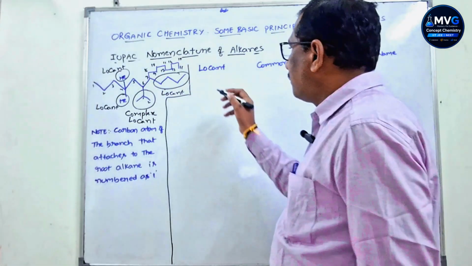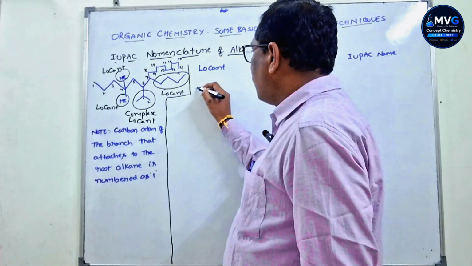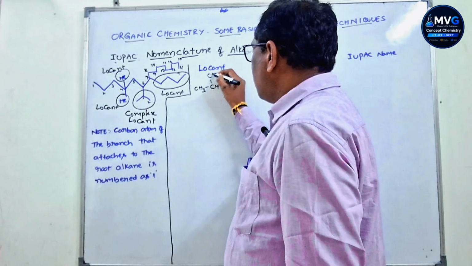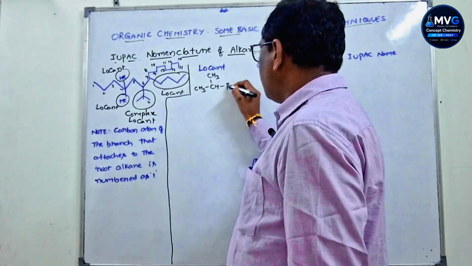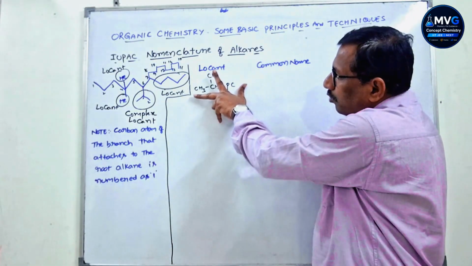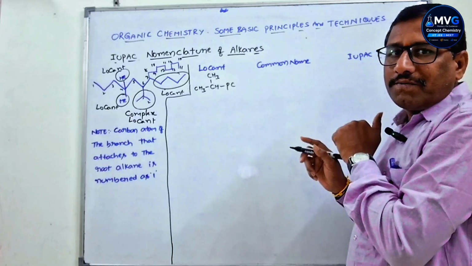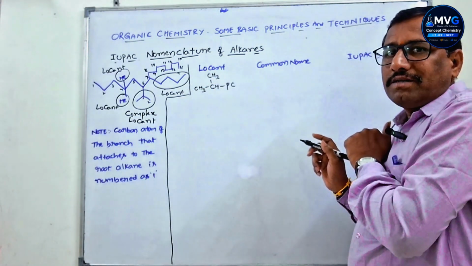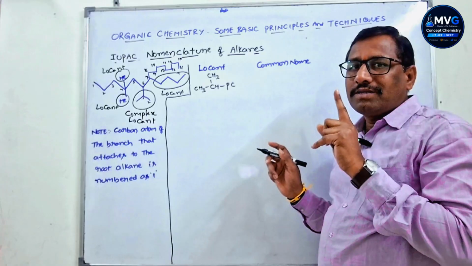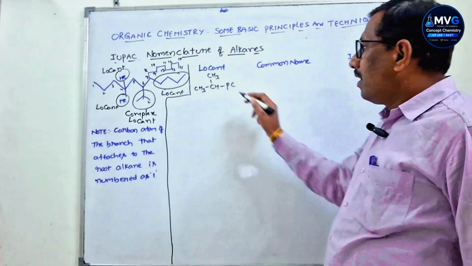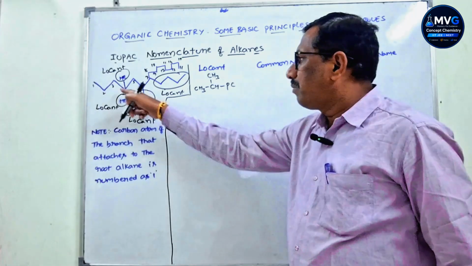Now students, first complex locant: CH3, CH, attached to the parent carbon chain. You see here 2 methyl groups at the terminal position of the given carbon chain. Terminal position with 2 methyl groups attached is called iso. Here PC means the parent, principal carbon chain.